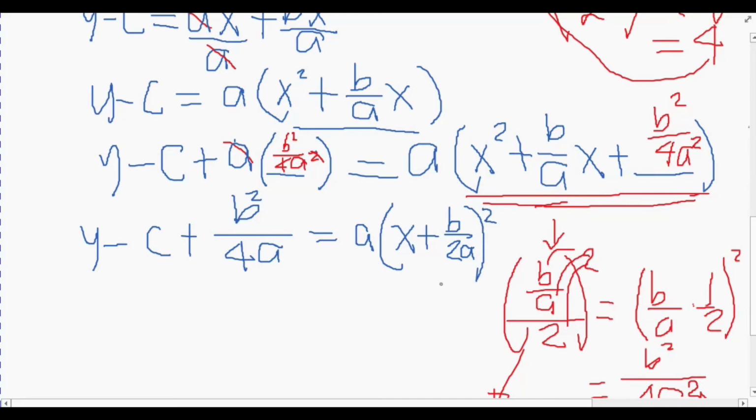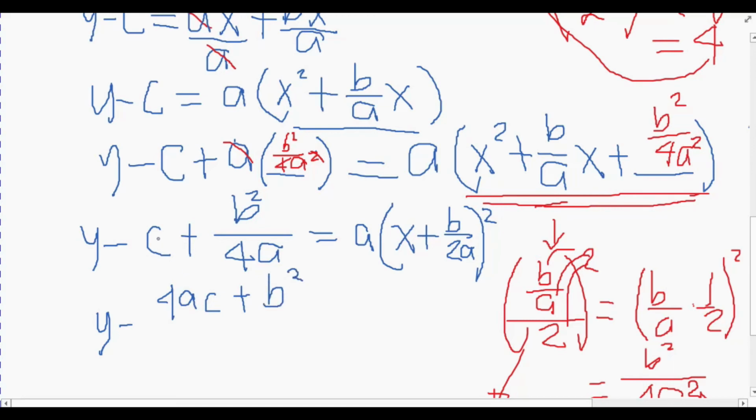So this is now the square of binomial. Then on this part, we're going to cross multiply. We combine, so it becomes 4ac plus b squared.